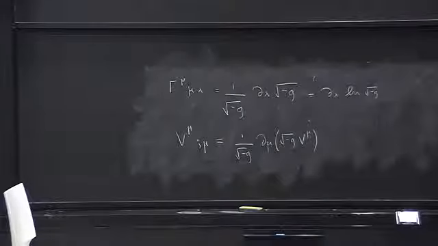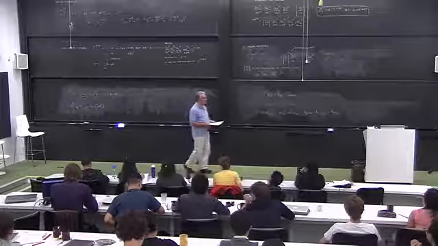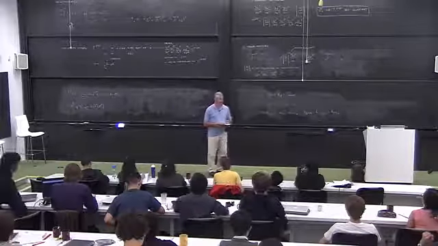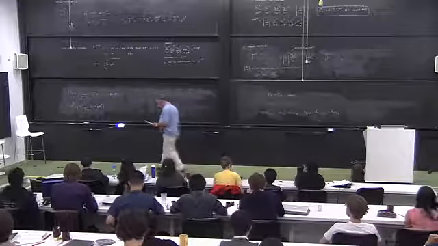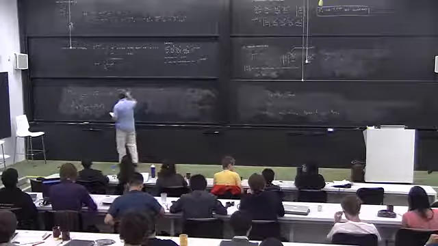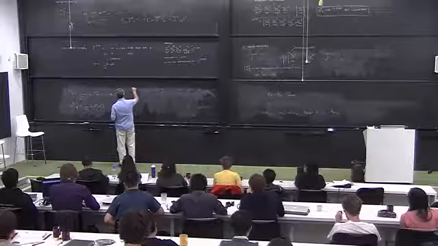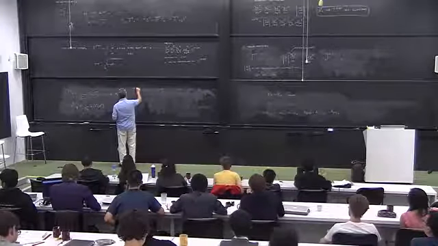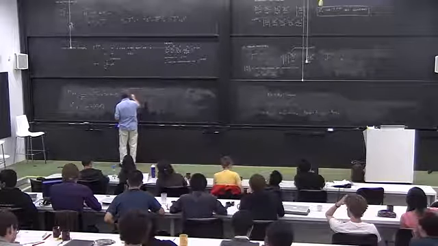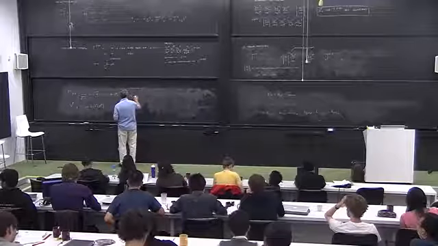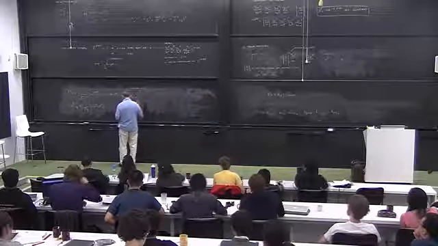Now we've defined the covariant derivative of an arbitrary tensor. What about the covariant derivative of the metric tensor itself? g_{mu nu;lambda}.